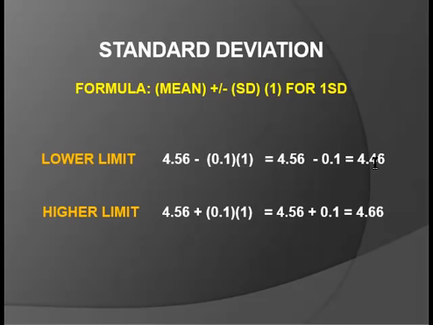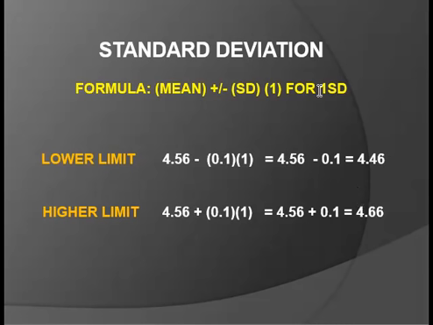So the answer would be 4.46. So that will be now the lower limit for 1 SD. For higher limit naman po, papalitan mo yung minus ng plus and then you'll get 4.66. No? So the lower limit for 1 SD is 4.46. The higher limit is 4.66.